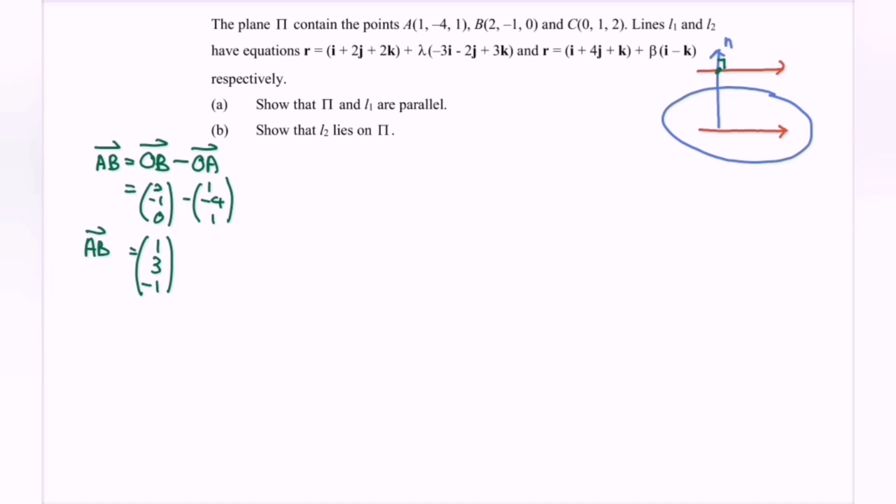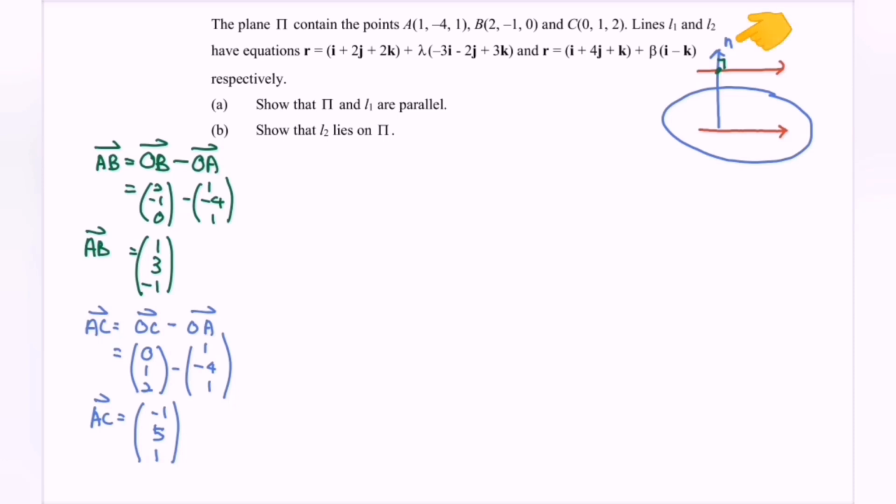Continue with the vector AC, which is OC minus OA. So here we have 0, 1, and 2, minus the OA, where we have 1, negative 4, 1. Simplify the situation. Vector AC is negative 1, 5, and 1.